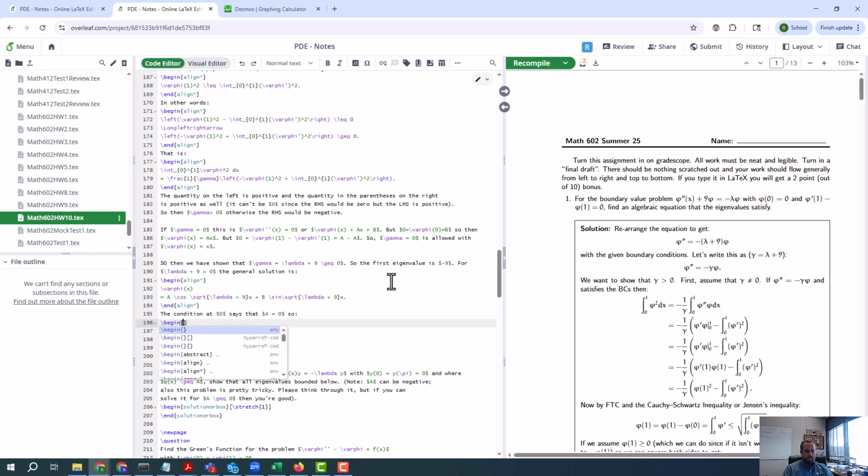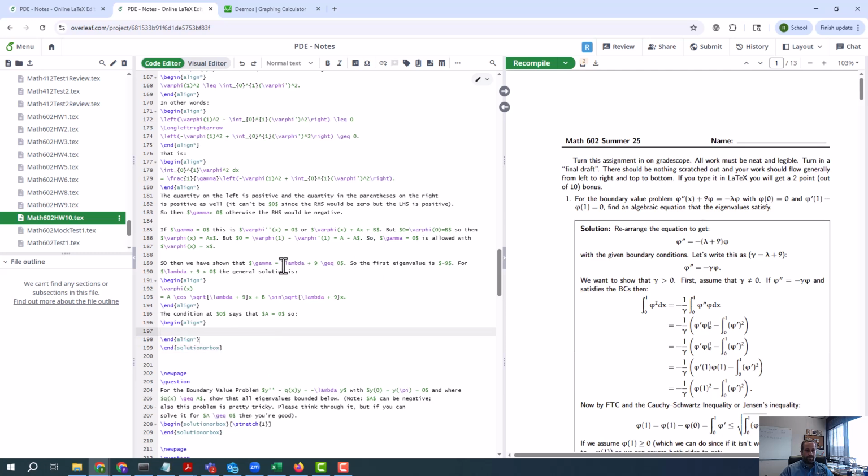Now it's going to be very, very similar to the last problem from homework 9.